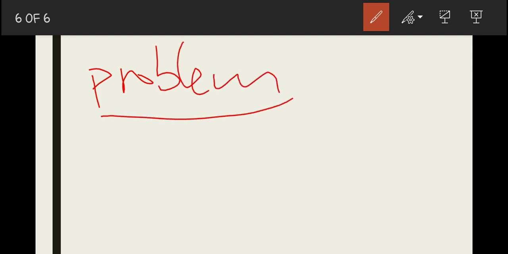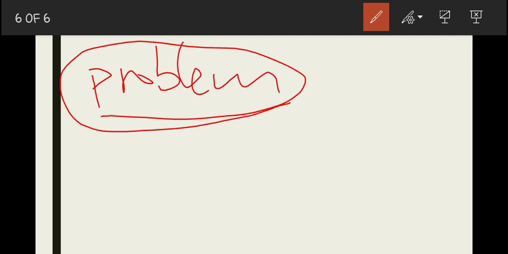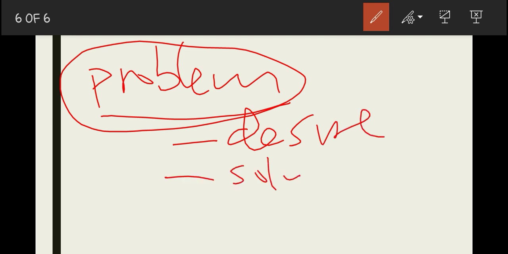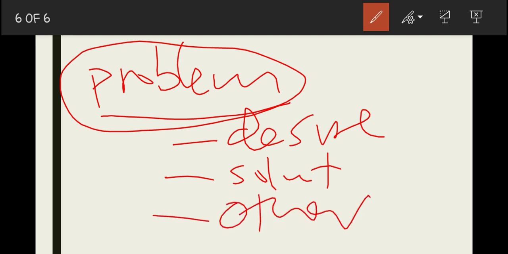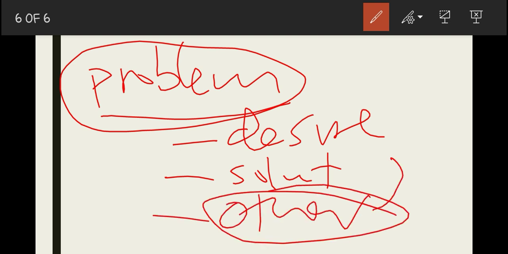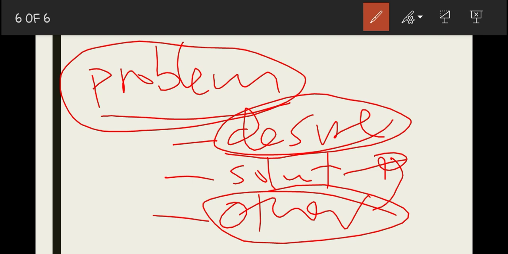So the first thing that you need to know is the problem. You need to know the problem. That means to understand what the problem is, look at the environment to see what they desire, and what solutions are there, and what other solutions have been left that have not been implemented, because these solutions could have not solved the desired situation fully.